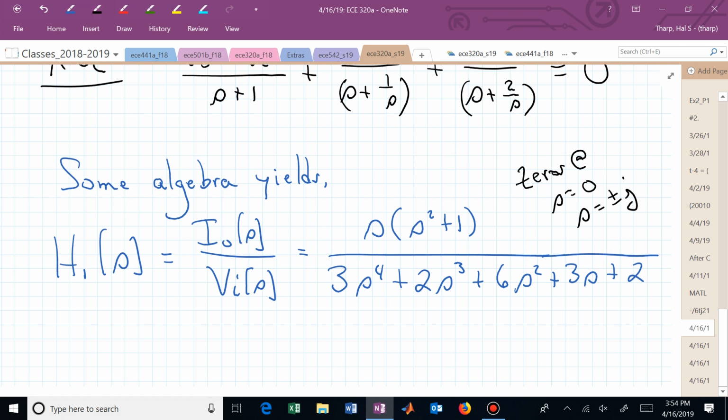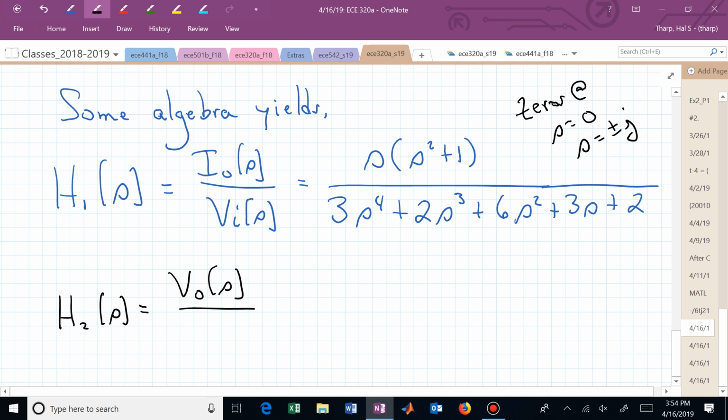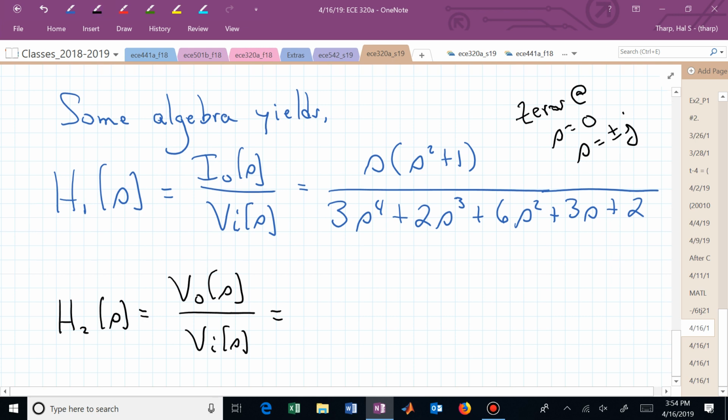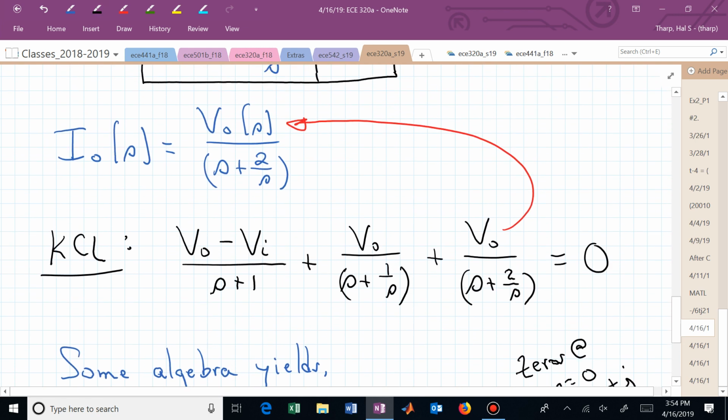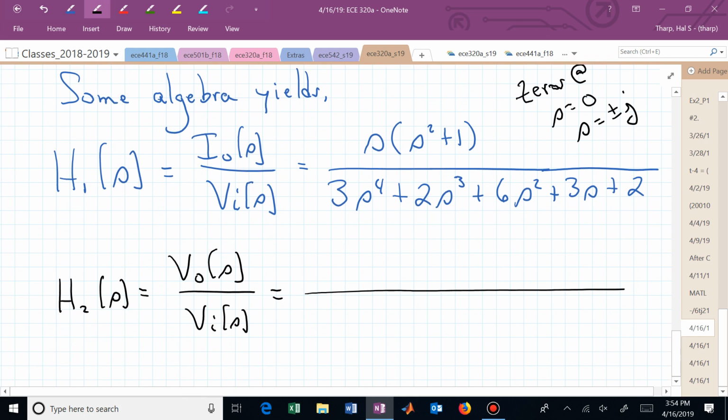What if I ask you to find another transfer function? What if I said h sub 2 of s, which was v sub 0 of s over v sub i of s? Could you do that? That v sub 0 we just found, you could find that transfer function from this equation. And what would you expect to be true with it? The denominator would have at least this structure.